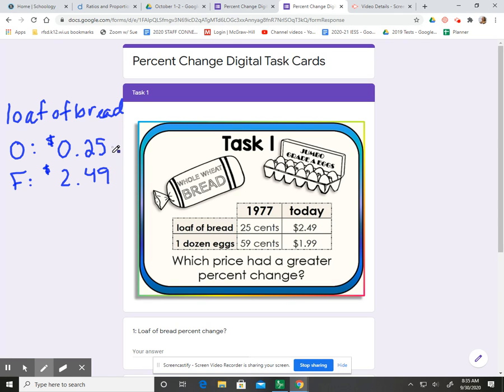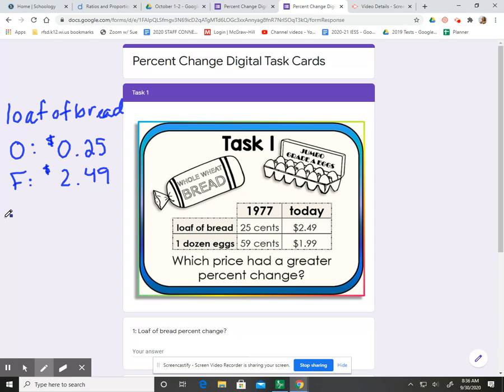To find our change, we do our final minus our original. Let me grab my calculator quick because I don't want to take too long doing this by hand. So we do our final, 2.49, minus our original, 0.25.